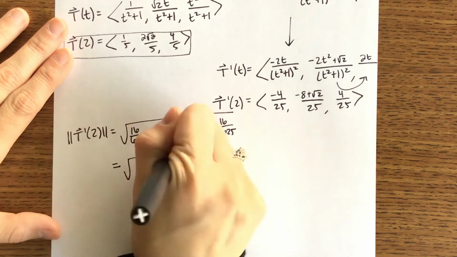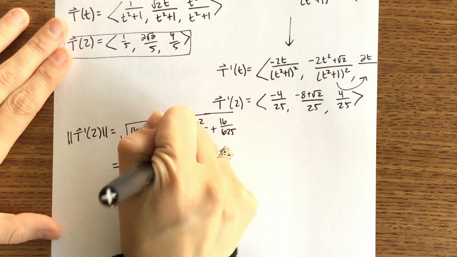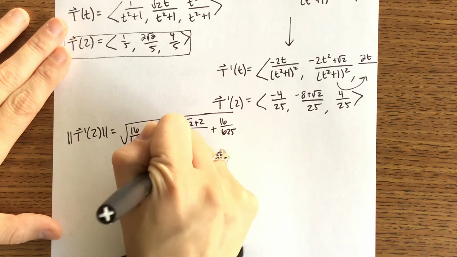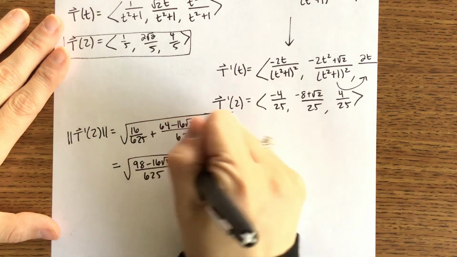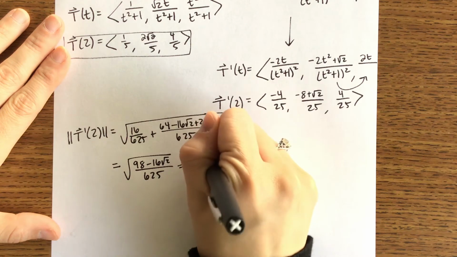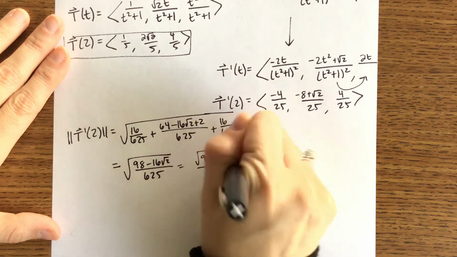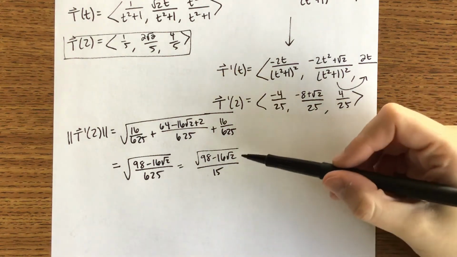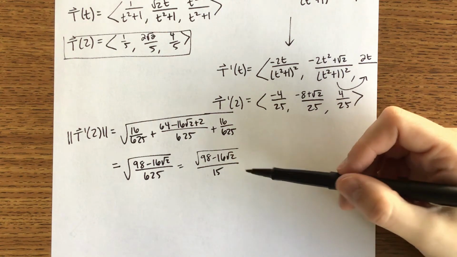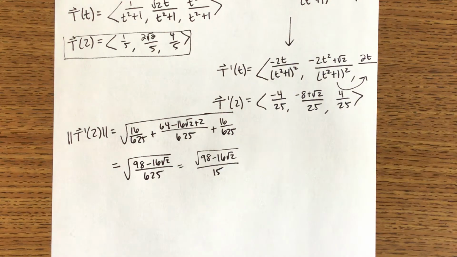That ends up being the square root of 98 minus 16 root 2 all over 625. Keep the square root in the numerator. Denominator, that'll be 15. I am perfectly okay with you leaving it like this.